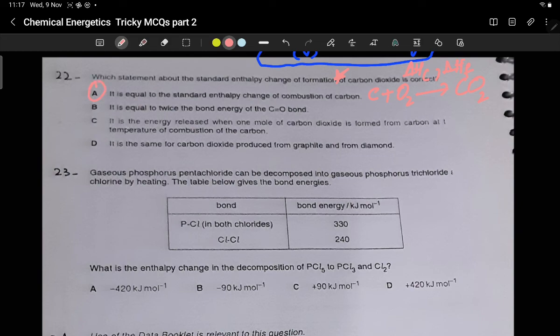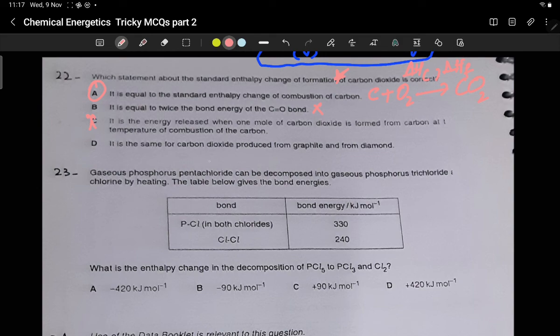Let's check another option. It is equal to twice the bond energy. No, this is not correct. It is the energy released when 1 mole of carbon dioxide is formed from carbon at standard temperature, the combustion of carbon. No, this is also not correct.